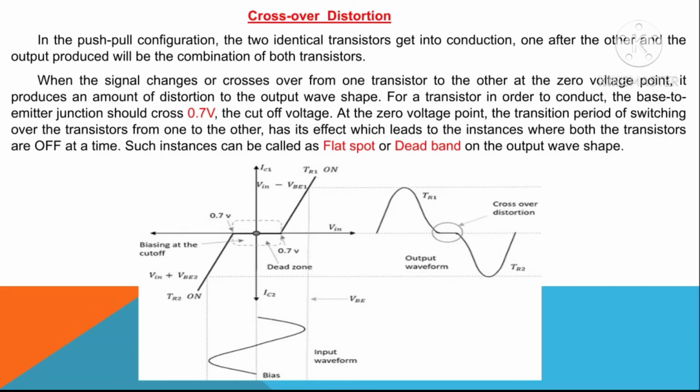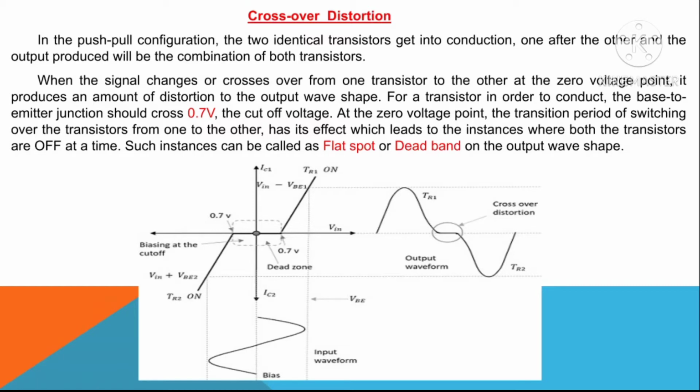Now see, when the signal crosses over from one transistor to the other at the zero voltage point, it produces an amount of distortion. For a transistor to conduct, the base to emitter junction voltage should cross 0.7 volt, which is called the cutoff voltage.